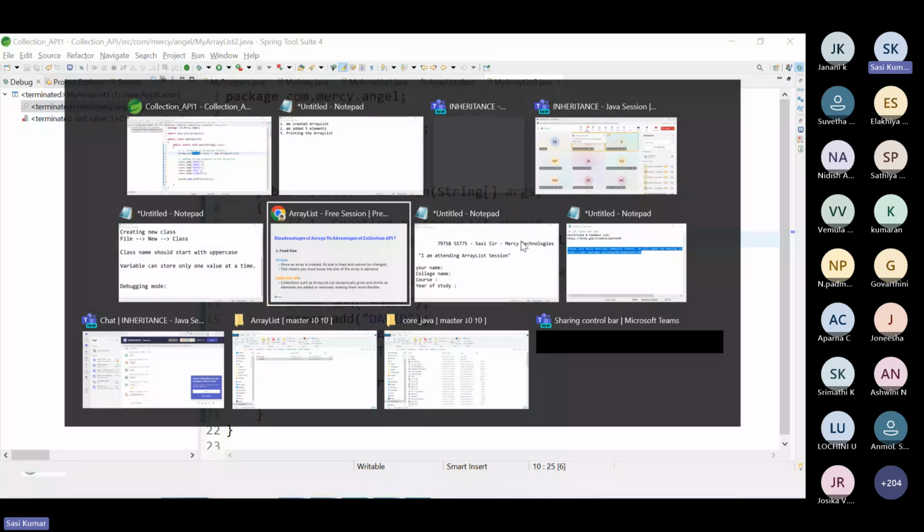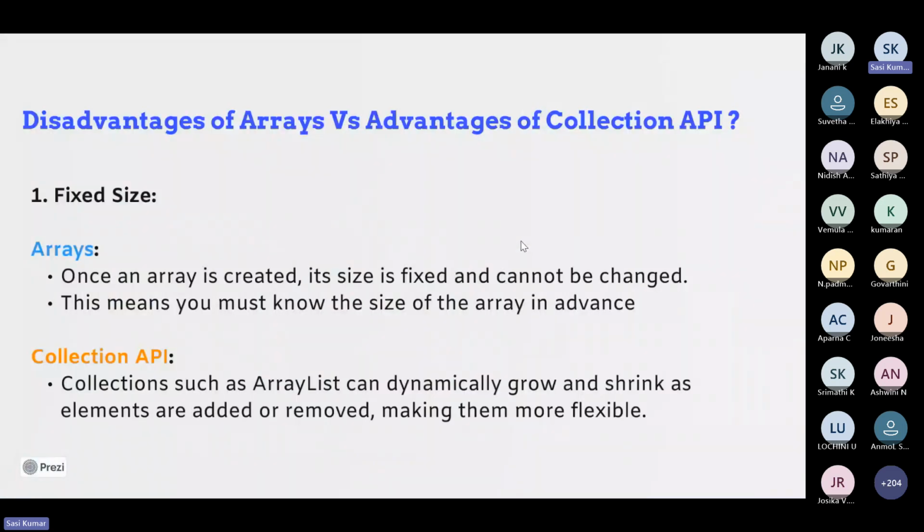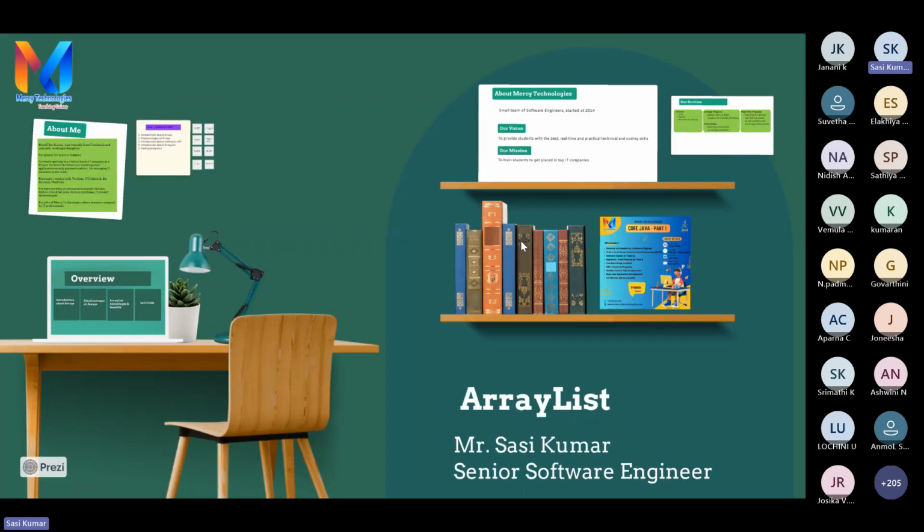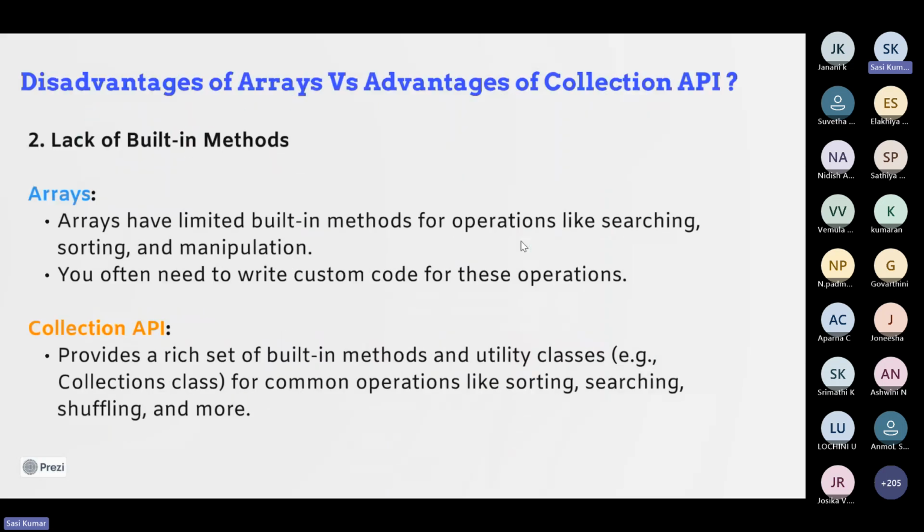Let's go back to the presentation. The main limitation we overcome is size. What is the second one? The second one is the lack of built-in methods. Arrays have only very basic methods, so if you want to do more things, you need to write your own methods.